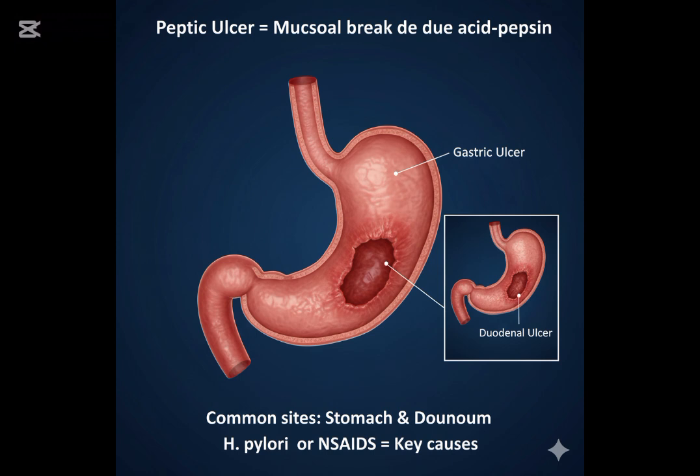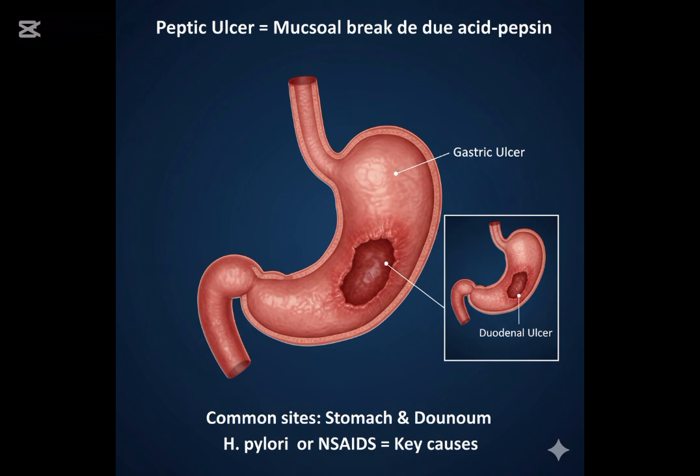Now, moving on to peptic ulcer disease, an ulcer that develops anywhere in the GI tract where acid and pepsin cause mucosal damage. If it occurs in the esophagus due to reflux, it's called an esophageal ulcer.